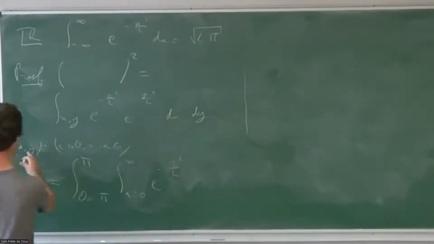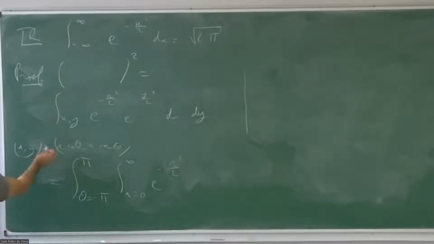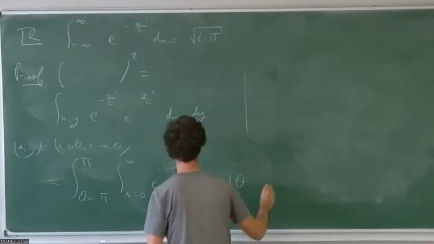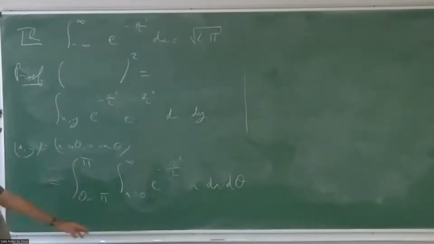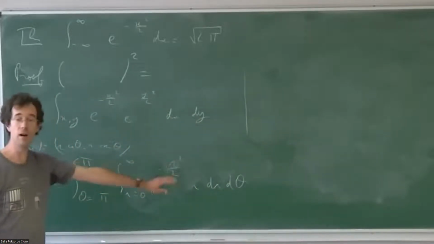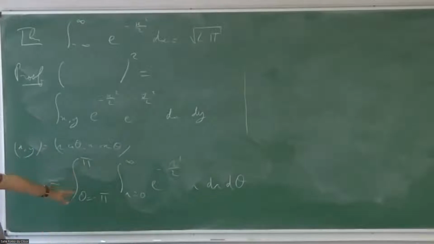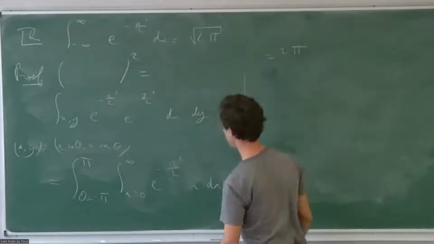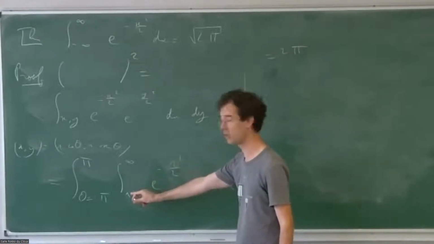And when you change variables, you have the Jacobian, and you get r, and theta. And what is nice is that this does not depend on theta. So with respect to theta, you just get a constant. So it's 2 pi times this integral with respect to r.